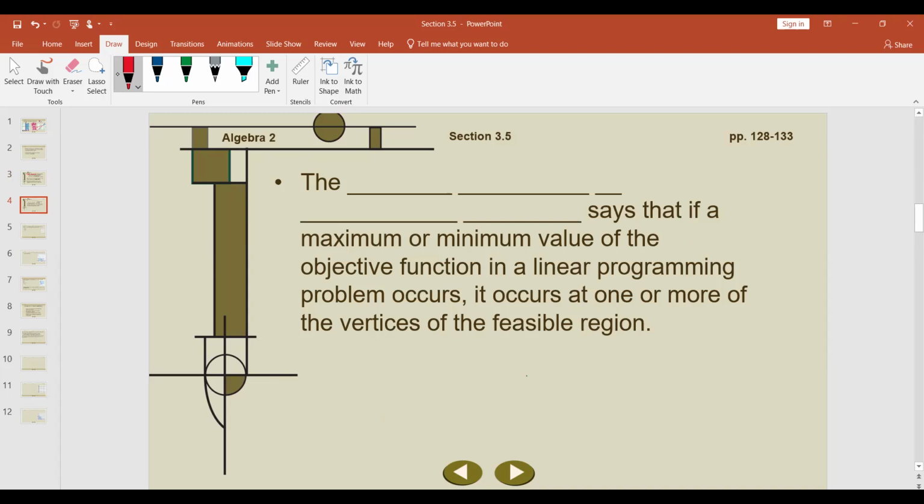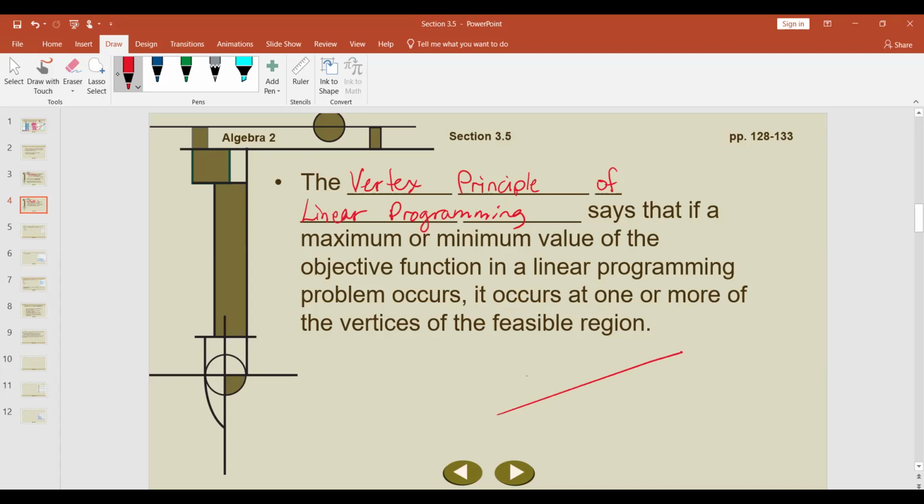So it's pretty straightforward. The vertex principle says that if a maximum or minimum value of the objective function in a linear programming problem occurs, if there is an answer, it will occur at one or more of the vertices of the feasible region.